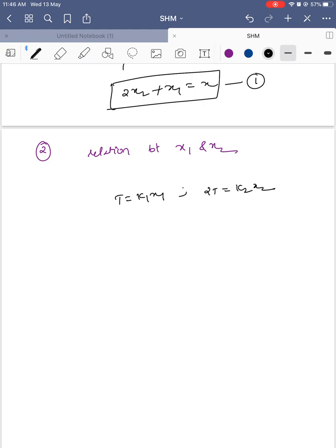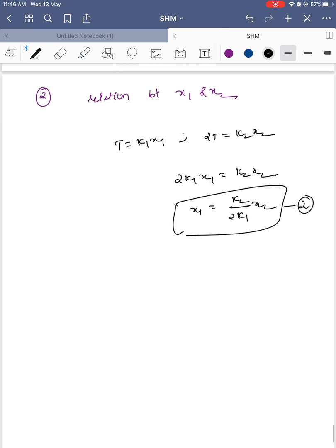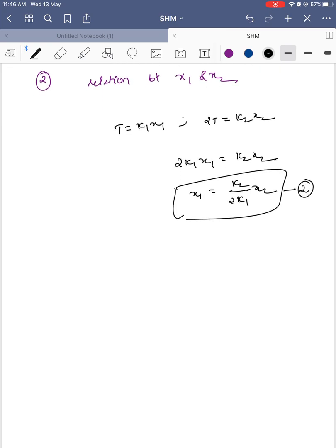I can write this as 2 k1 x1 is equal to k2 x2. So I got the relation between x1 and x2: x1 is equal to k2 by 2 k1 into x2. This is equation 2.